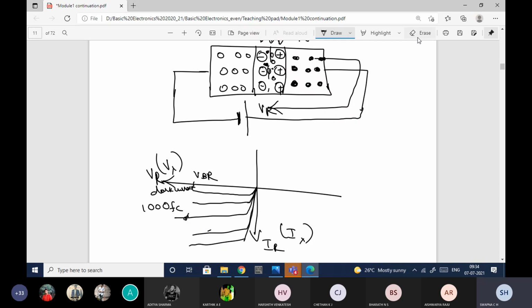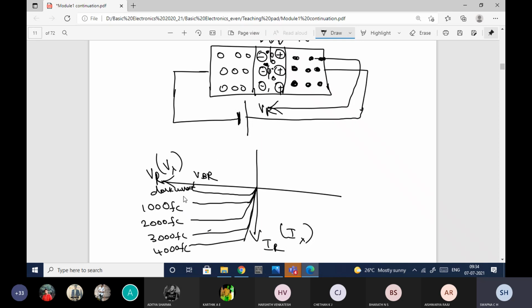So here the incident light is converting to electrical current. This is for 1000 FC, this is for 2000 FC, this is for 3000 FC, 4000 FC, like that it goes. So the more the intensity of light, the more the current will be.